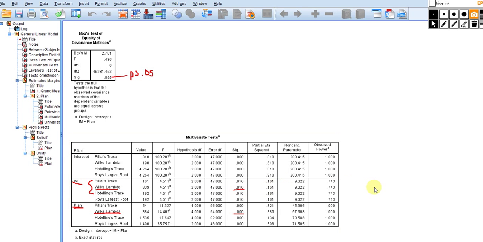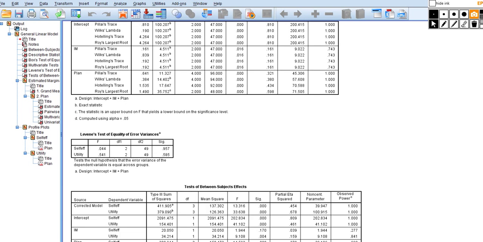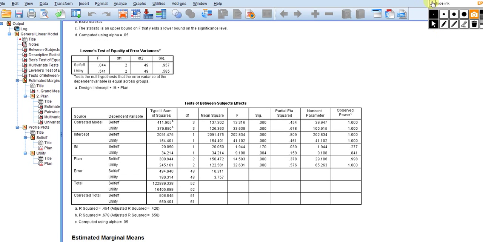So we can then follow up the multivariate test with univariate analyses of covariance. So that's what this table now will present. You'll notice that you've got the effect of plan and the covariate on each of the dependent variables separately. So in other words, unlike the MANCOVA, which takes into account the intercorrelations among the dependent variables, the ANCOVAs do not.